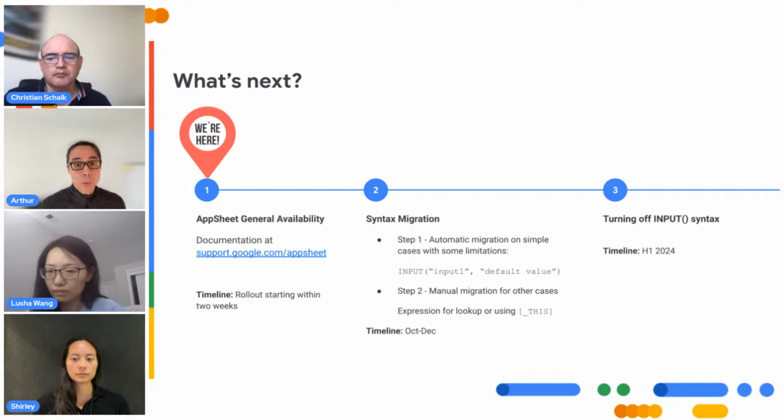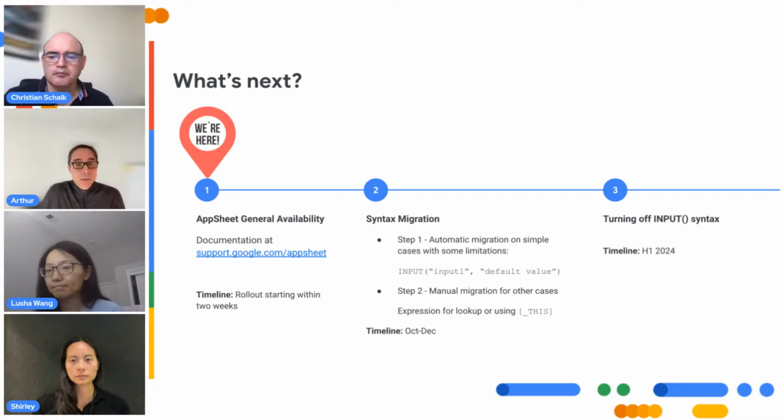As an example, the little piece of expression in the middle, input one default value, we can easily migrate for you. We'll set up something so that you can just accept and then it's done for you.